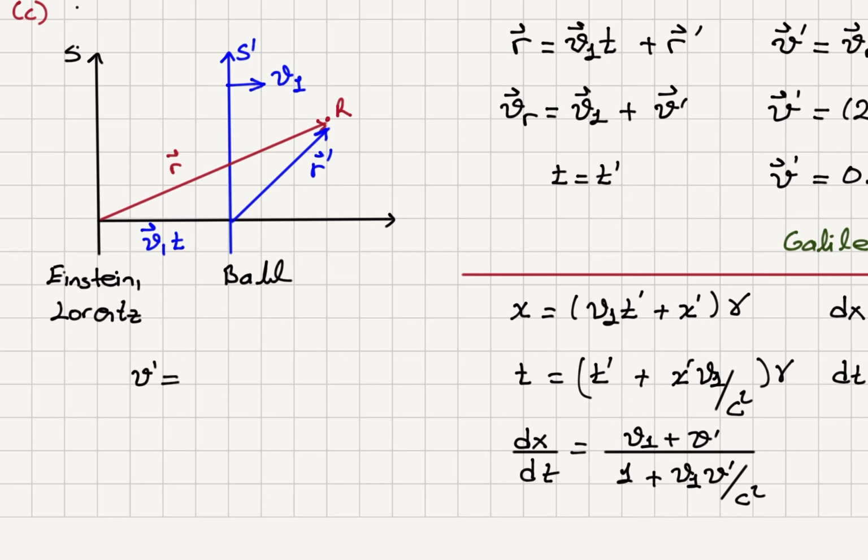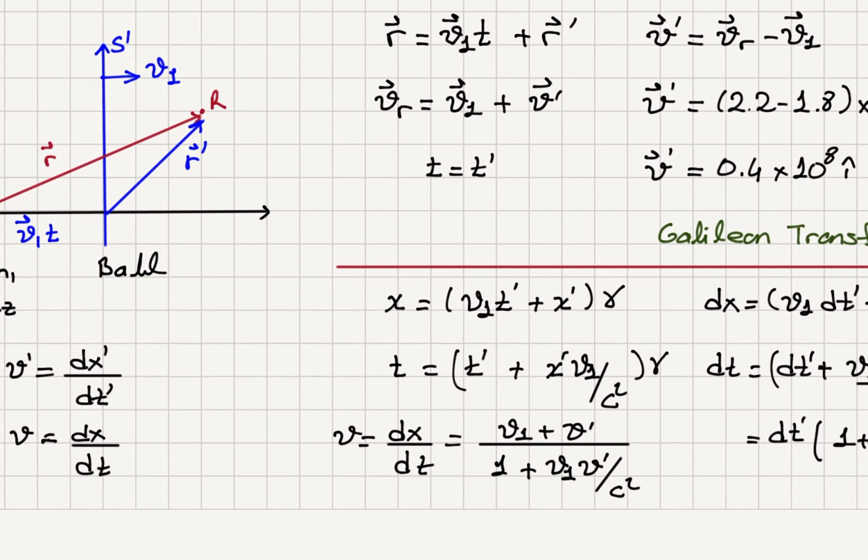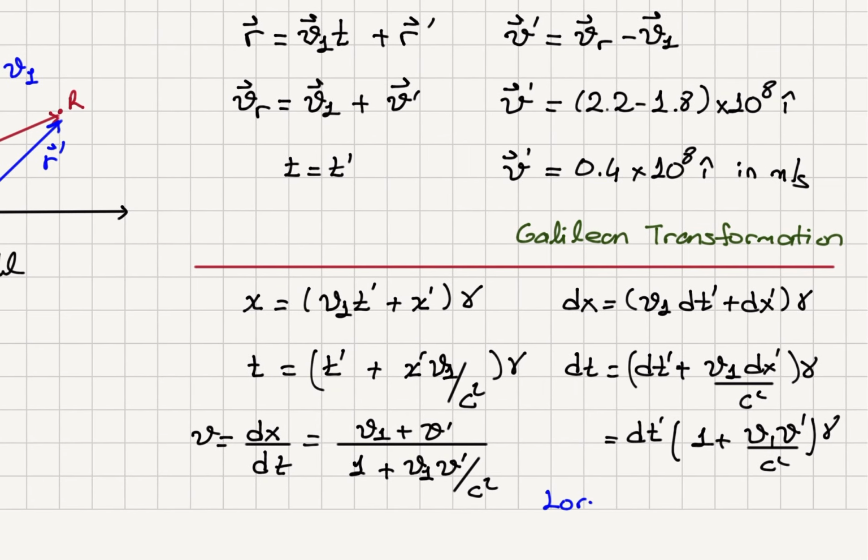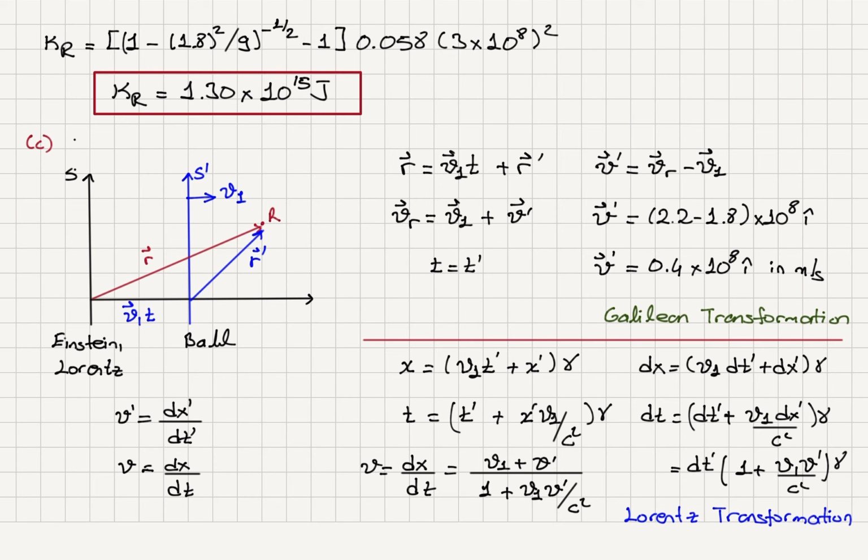V prime is dx prime over dt prime, and v is dx over dt. Okay, so I have this so-called Lorentz velocity transformation between these two reference frames.